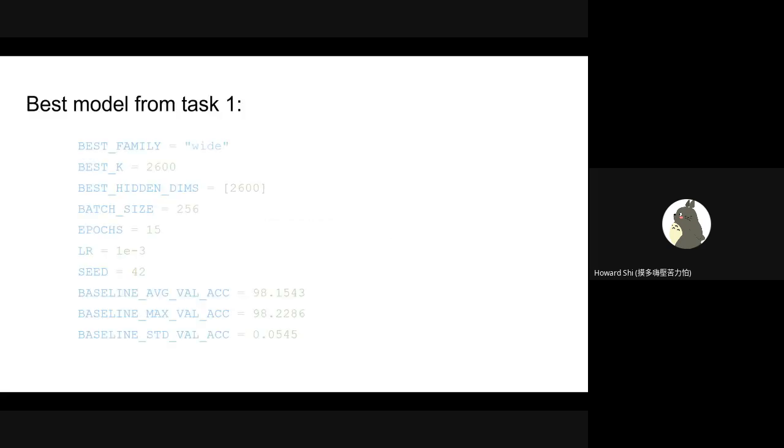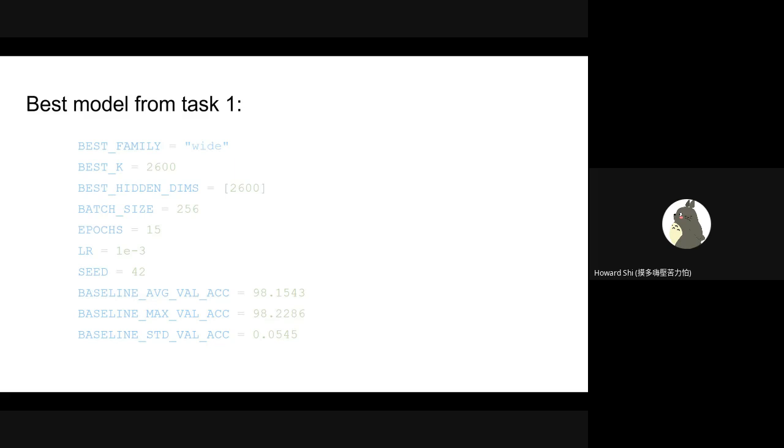Okay. And we're now moving to task 2, focusing on the use of augmentation. Next page. Before applying augmentation, these are the parameters of the best performing model from task 1.